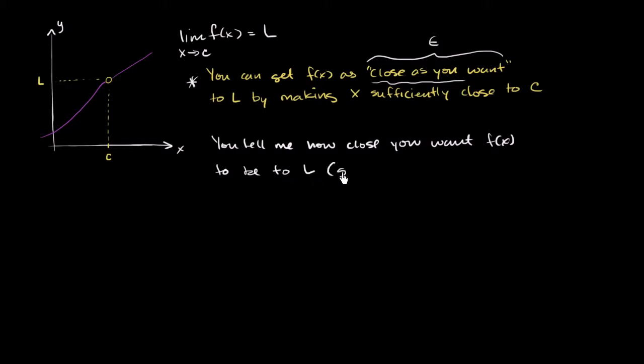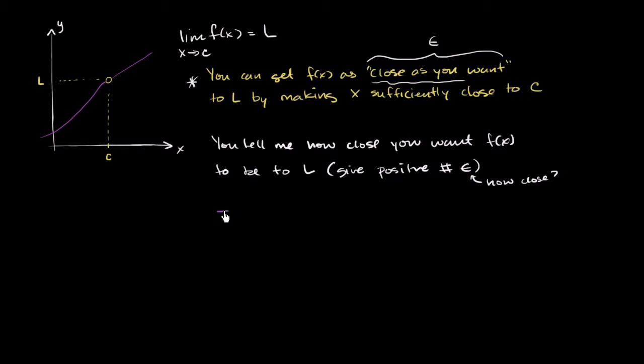So you give a positive number epsilon. And epsilon is how close do you want to be? So for example, if epsilon is 0.01, that says that you want f of x to be within 0.01 of L. And so what I then do is I say, well, OK, you've given me that epsilon.